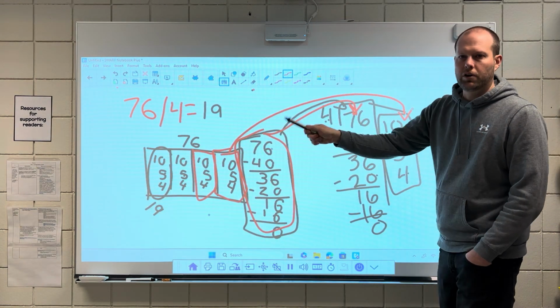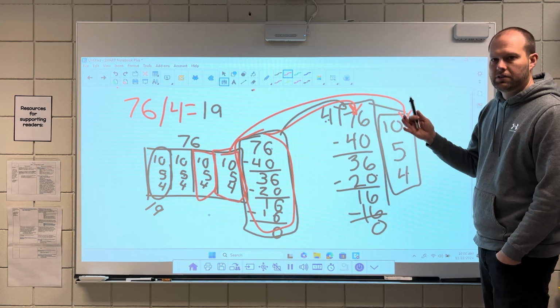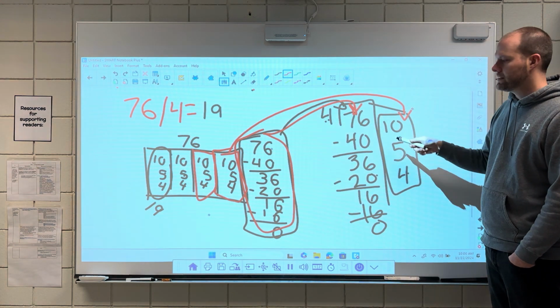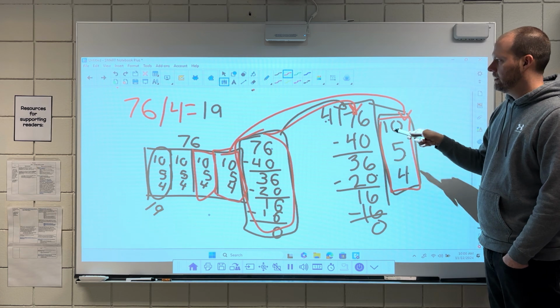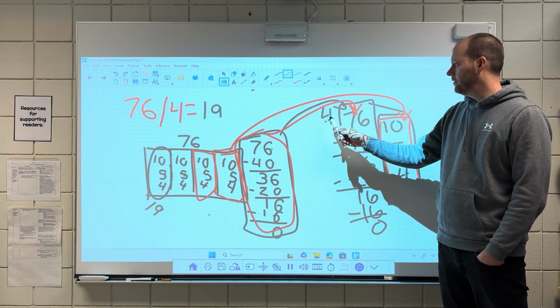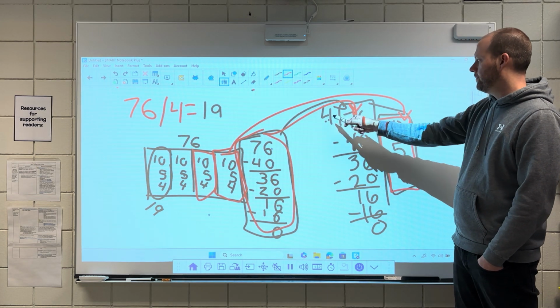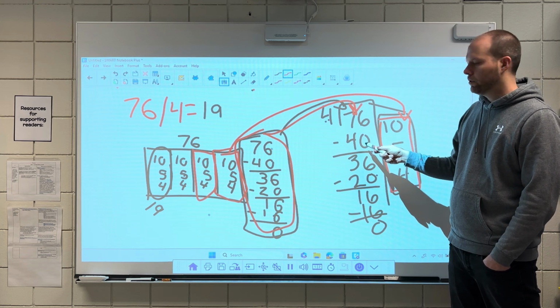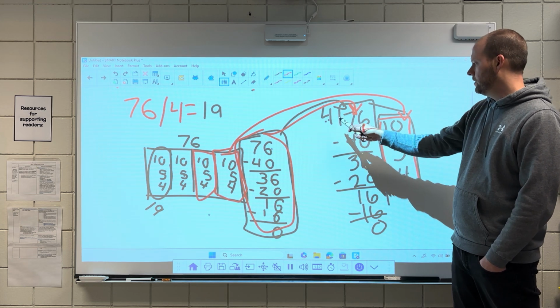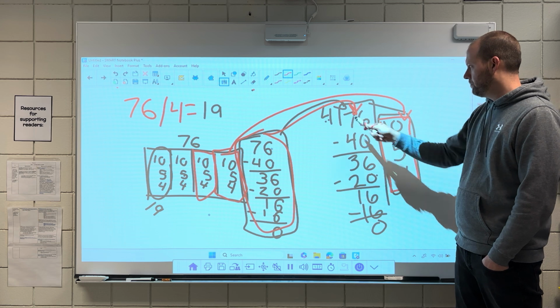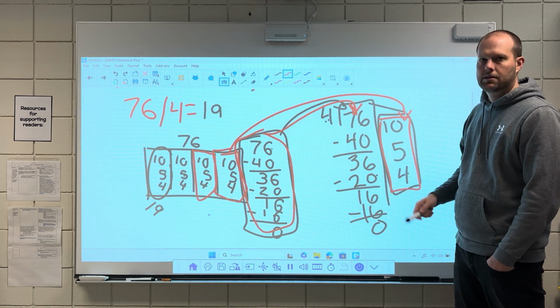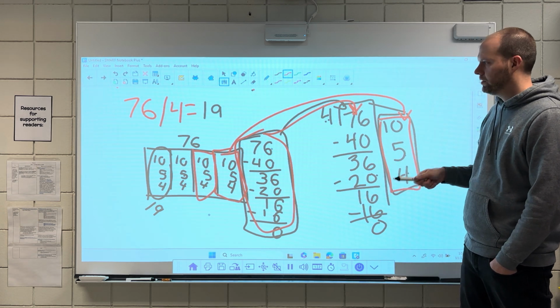So instead of doing it 4 different times or 8 different times or 7 different times, we're just going to do that once, and that happens on the outside. So again, we divide to start, then we multiply. The 4 times 10 is 40. Then we subtract. We divide, we multiply, we subtract. Divide, multiply, subtract.